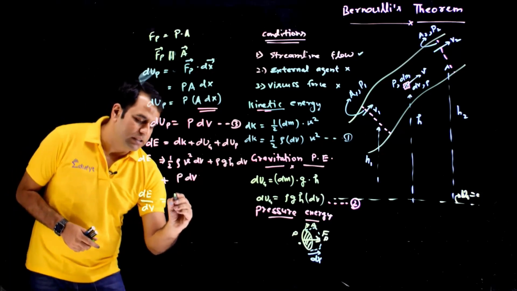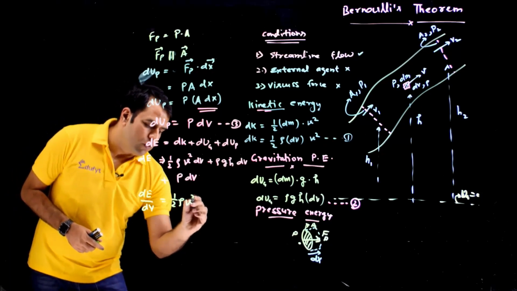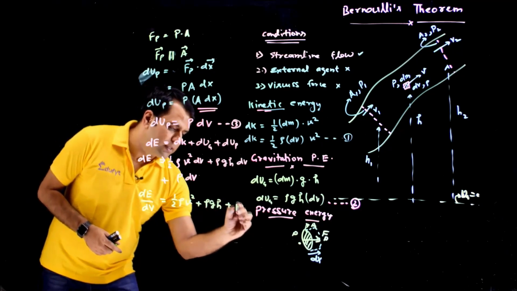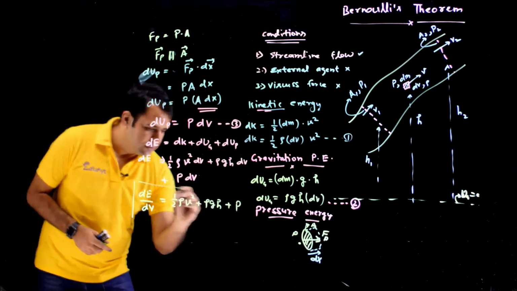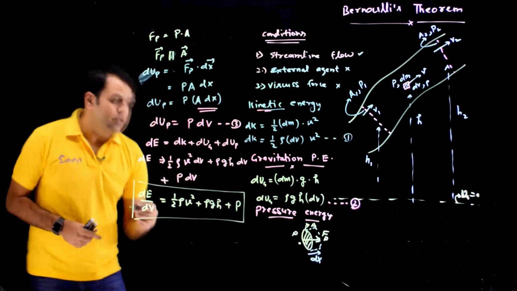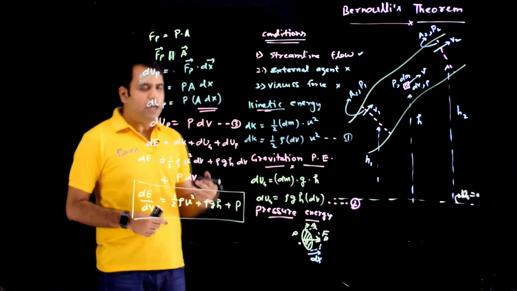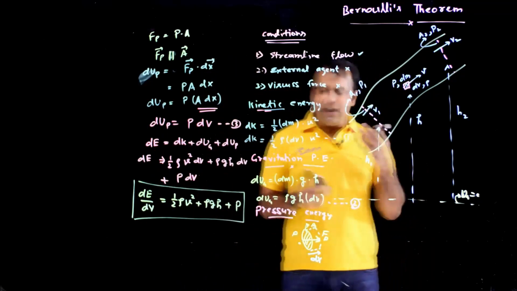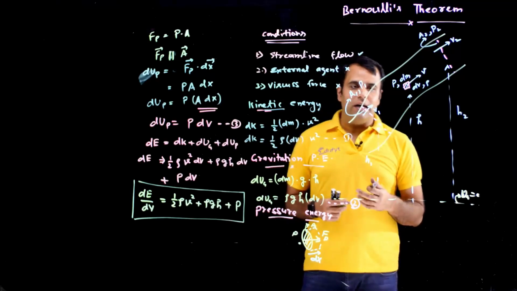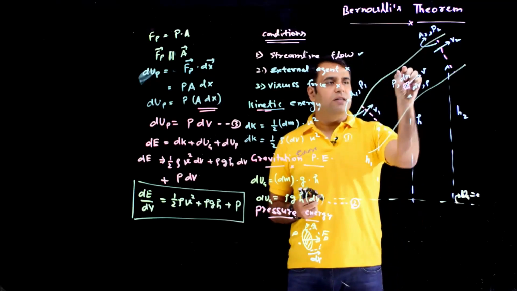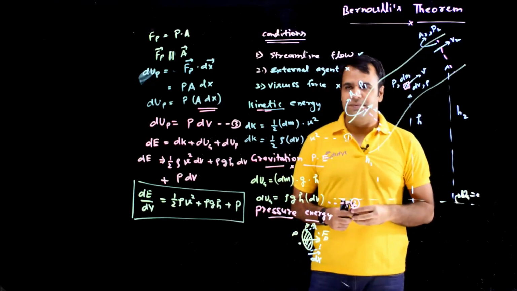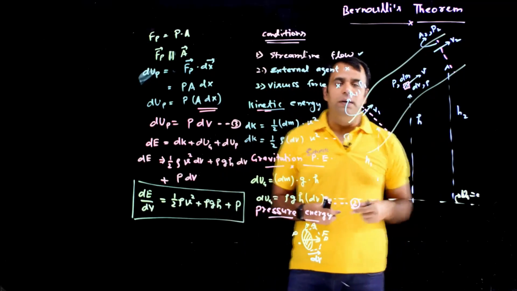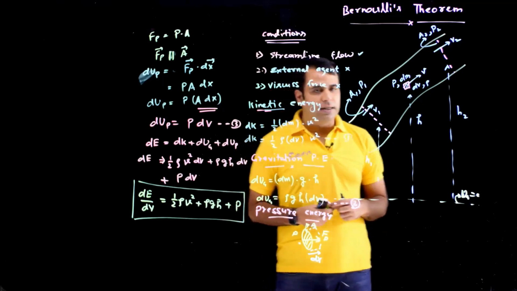So that will be equal to half rho v square plus rho g h plus P. So during derivation, we got the mechanical energy per unit volume within this test volume. So now I have a formula for the mechanical energy per unit volume here, as well as here, as well as here, everywhere.